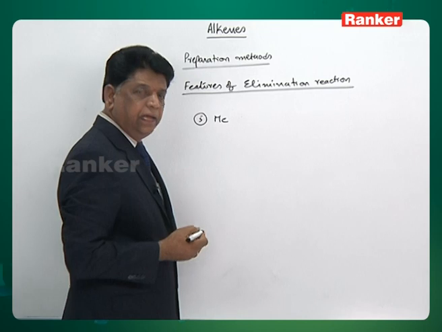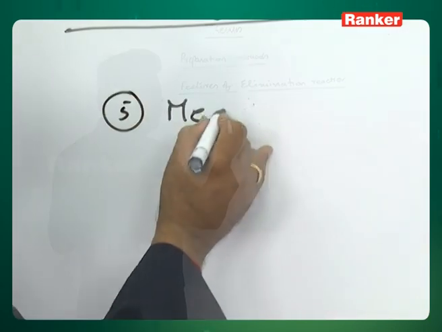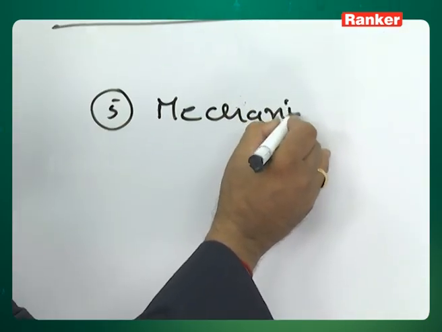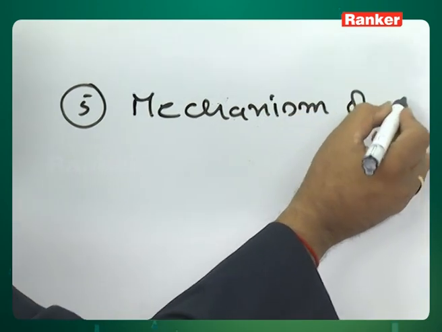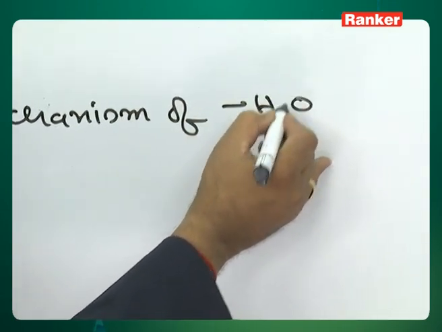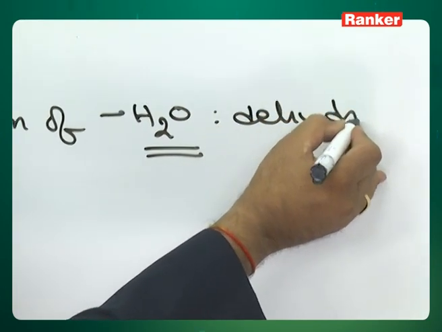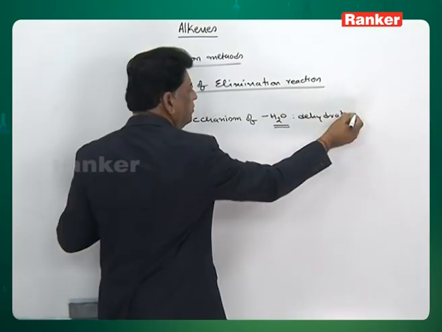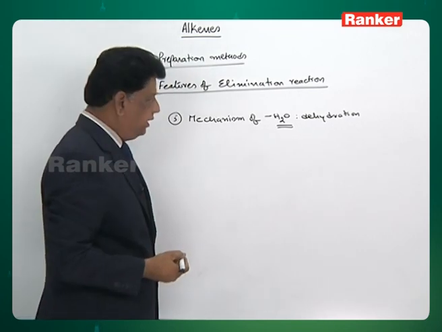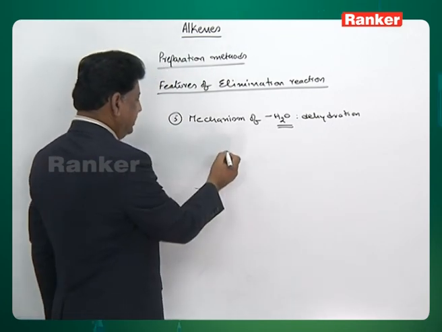Similar to this dehydrohalogenation, a mechanism of minus H2O slightly differs. This is called dehydration. Dehydration is not just similar to dehydrohalogenation; a slight variation is there.